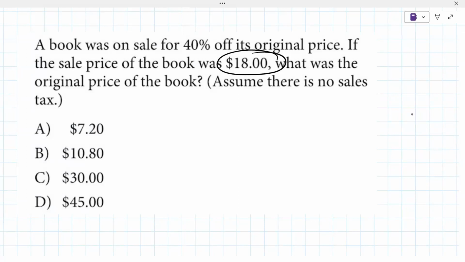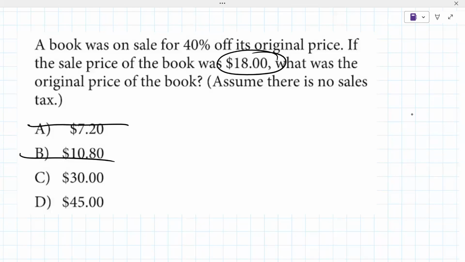Is the original price bigger or smaller than 18, the given quantity? 18 is the sale price. So it wouldn't be smaller. It would be larger, so it wouldn't be A and B.